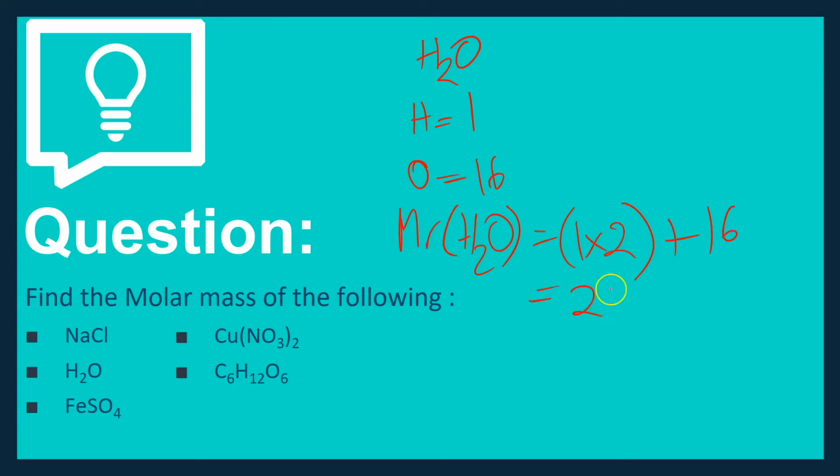So 1 times 2 is 2, plus 16 for oxygen, so this is going to be 18. So the molar mass of water is 18 grams per mole. And you can just write grams per mole like that. On the next one, I'll actually show you another way you can write grams per mole. So that is what it would be for water.